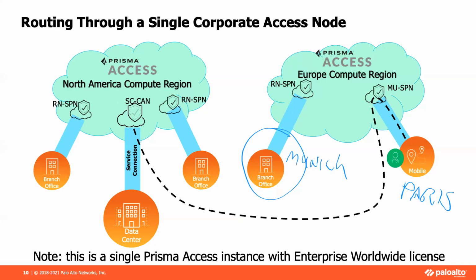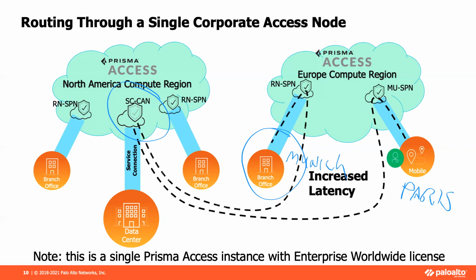Then they need to be able to bounce off a corporate access node to get the route to get back there. Well, if the closest corporate access node is in a totally different region, a totally different continent, then they basically have to go halfway around the world to get a route to say, oh, by the way, this user's 250 miles away from you, but you had to go on a 20,000 mile round trip to get that information.